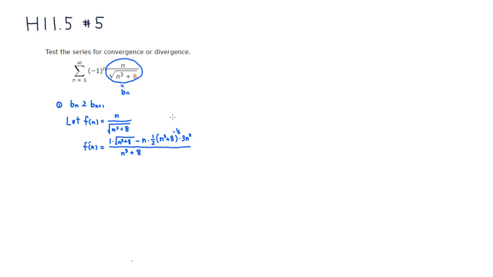To get rid of the fraction inside a fraction, I'm going to multiply top and bottom by 2 square root of n cubed plus 8.